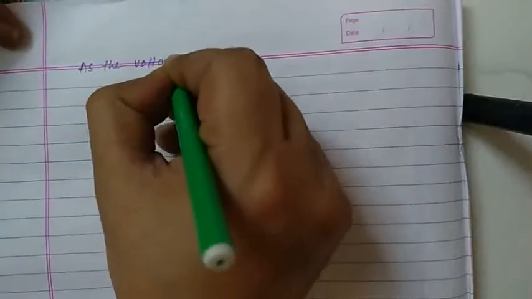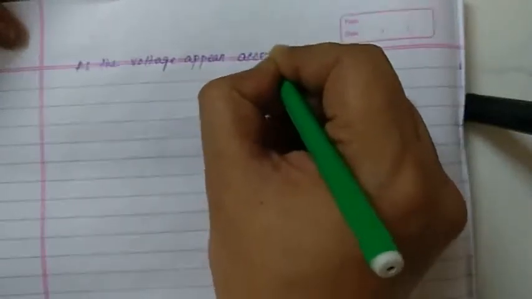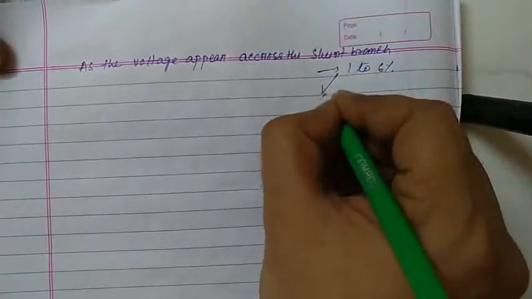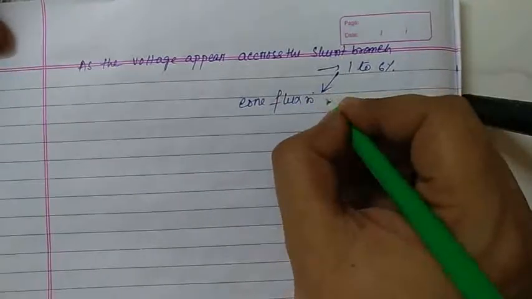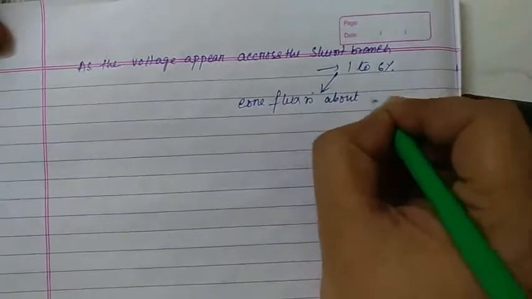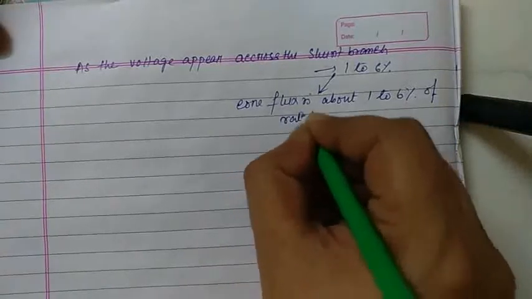As the voltage across the shunt branch is about 1 to 6%, the core flux is about 1 to 6% of rated core flux.